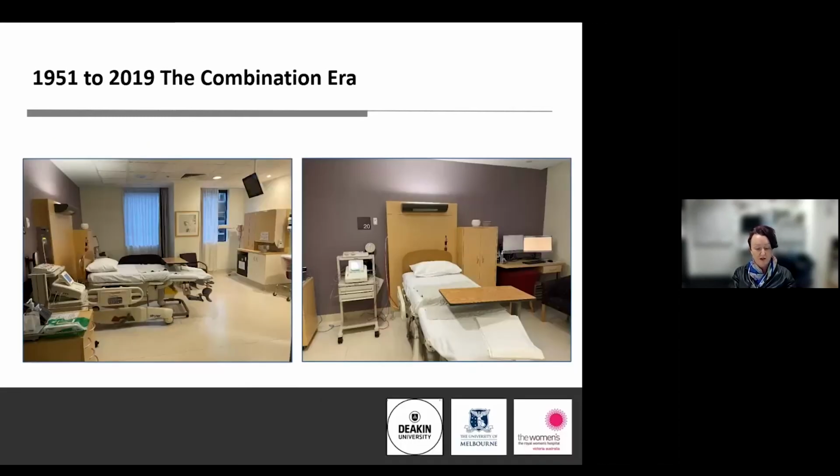These are some of the pictures from the Royal Women's Hospital in Melbourne today, taken this year. This is our birthing suite room, and no longer multiple beds in one long room like in the 1800s.